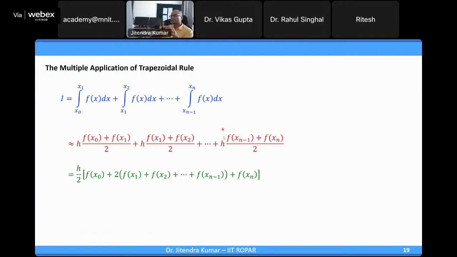Similarly, f(x2) and f(x2) will be coming. So these values will be repeated, and f(x0) and f(xn) will be coming only once. So we have this nice formula which can be applied to get the approximate value of the integral when you divide your integral into many parts. Again, it is written in this format.